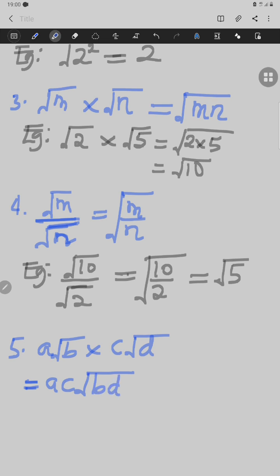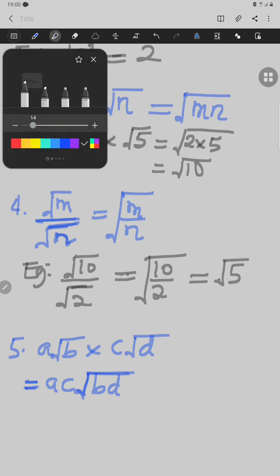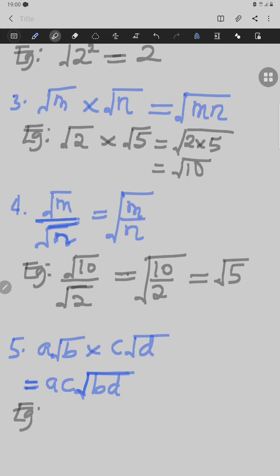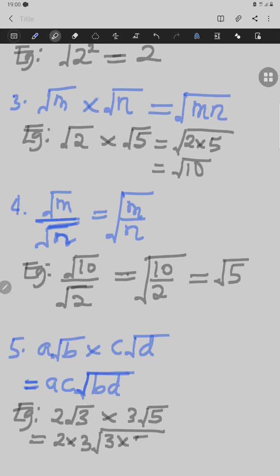Then the inside ones, the radicands, will also multiply. So example, if I have 2 root 3 times 3 root 5, then this is going to give me what? According to the property, it's going to give me 2 times 3, all in one root, 3 times 5. Then this will eventually yield 6 root 15. So take note of these things.